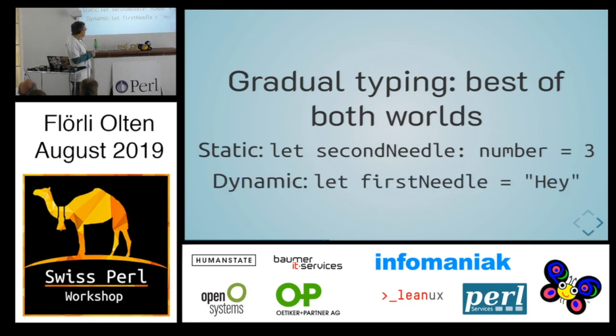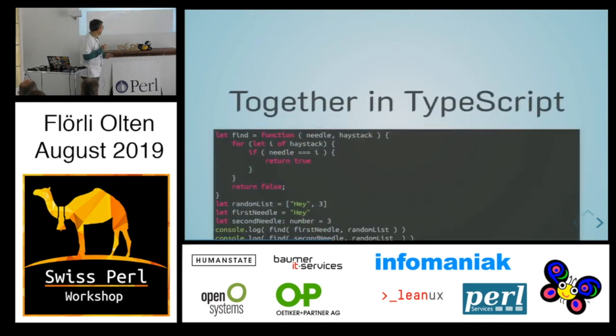But you can also say, no, I'm going to have this variable, which I'm going to call first needle, it's going to be a string. And then if you assign another value, like a number or a function or whatever, it's going to change. So in gradual typing, you have both kinds of things. You have static typing, which is going to be checked at compile time, and you also have dynamic typing, because you can assign any kind of value to a variable.